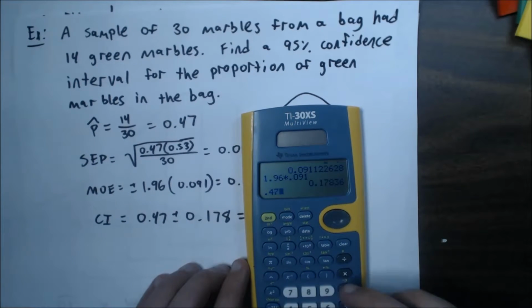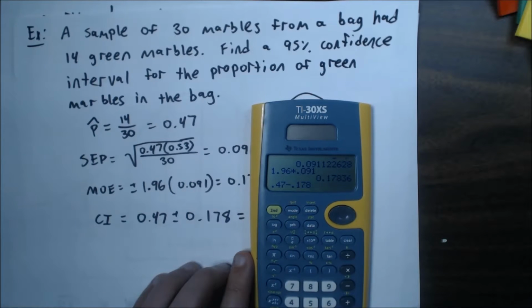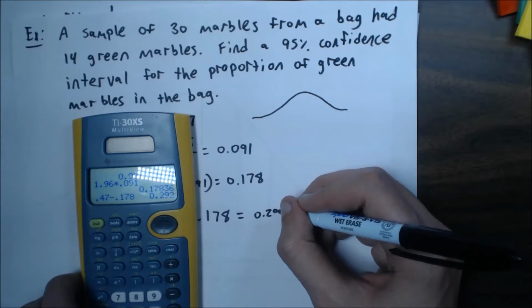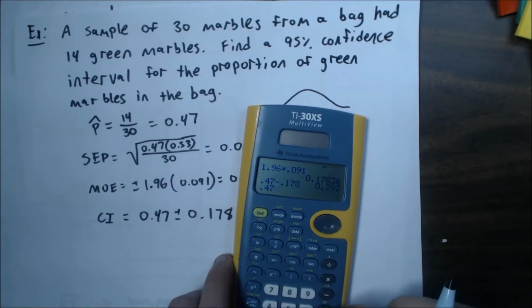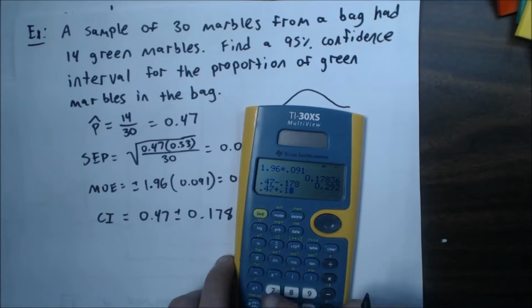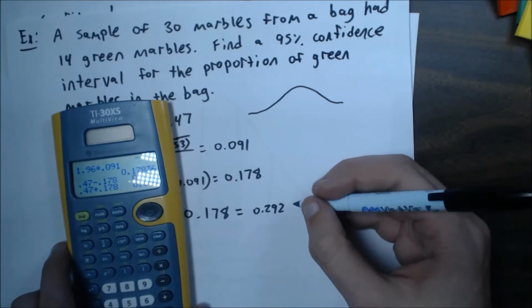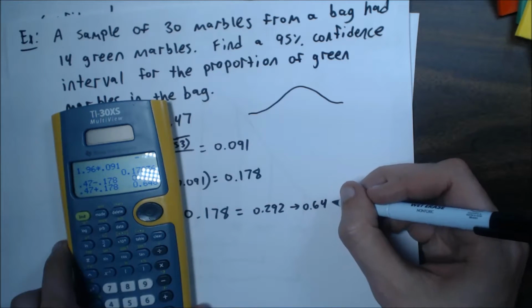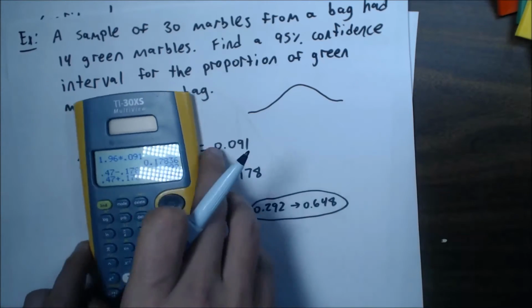So 0.47, I'll do minus first, minus 0.178, 0.292, and then if I do 0.47 plus 0.178, I get 0.648. So this is our confidence interval.